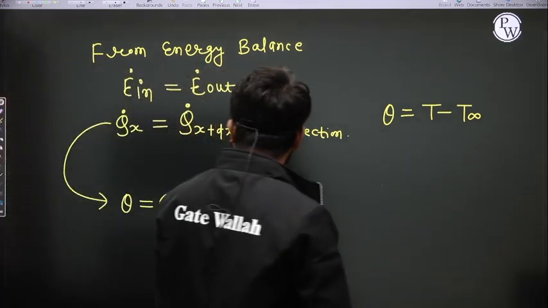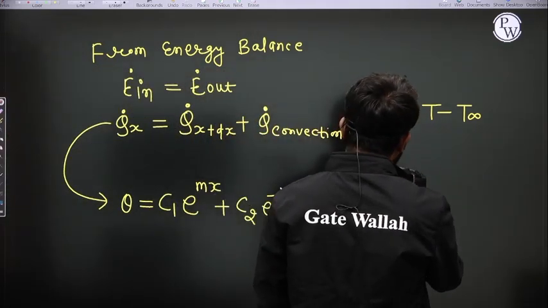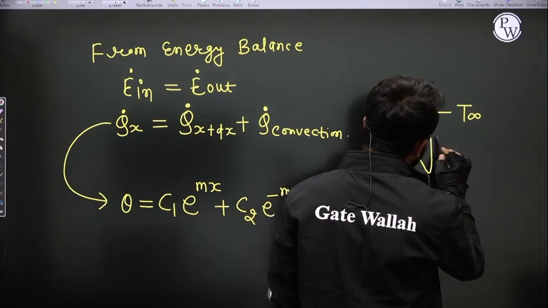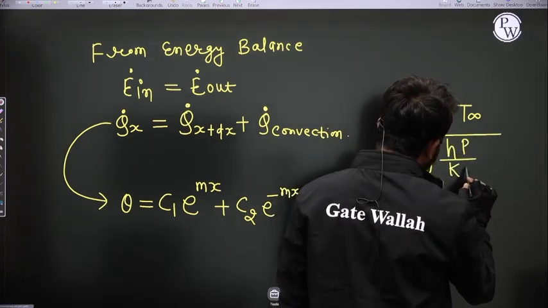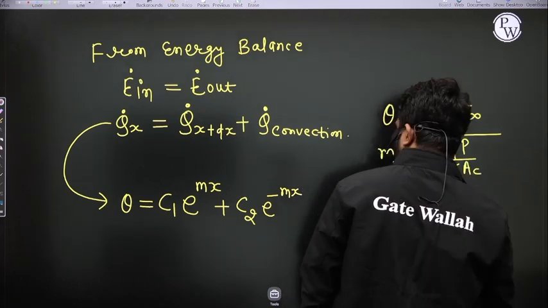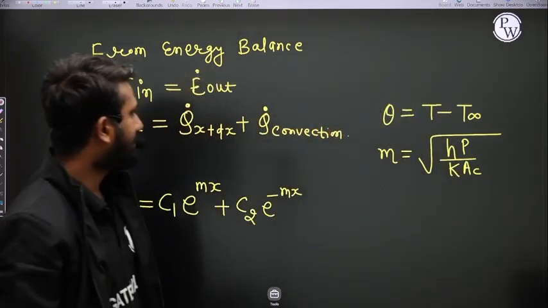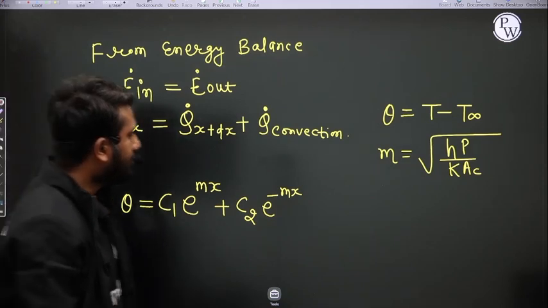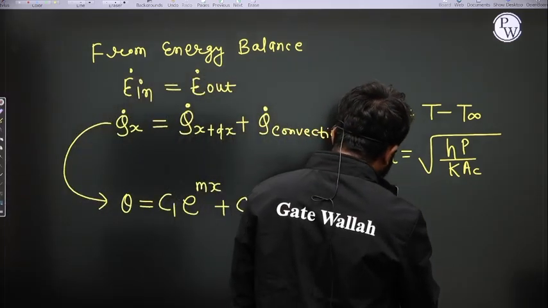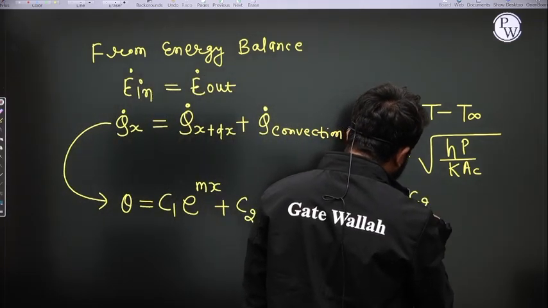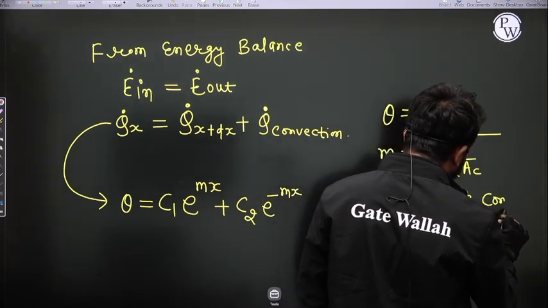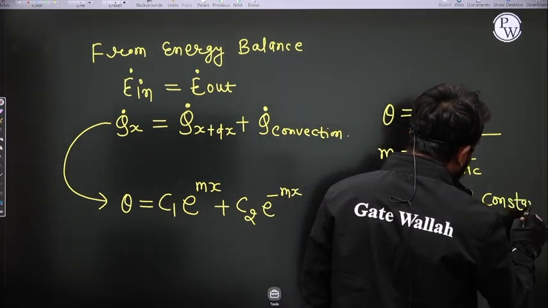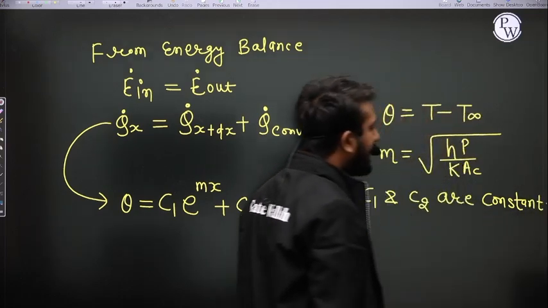C1 and C2 are constants. And what is m? This m is root over hP by kAc. C1 and C2 are constants.